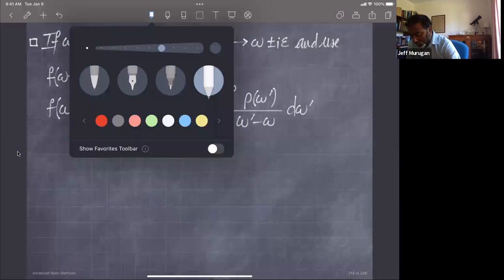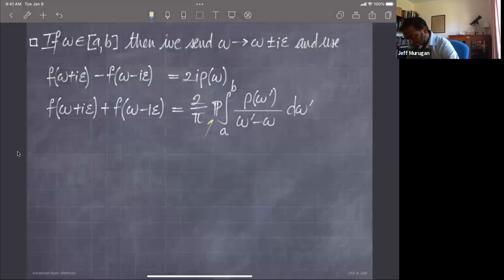This is the statement that this is a principal part of the integral, which you will have learned about in your course in complex variables.